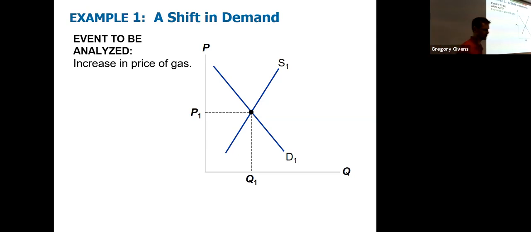And then which direction do those curves shift? So if there's a sustained increase in the price of regular old automobile fuel, gasoline, do you think that'll affect in the long run the demand or the supply directly for electric or hybrid cars, let's say?